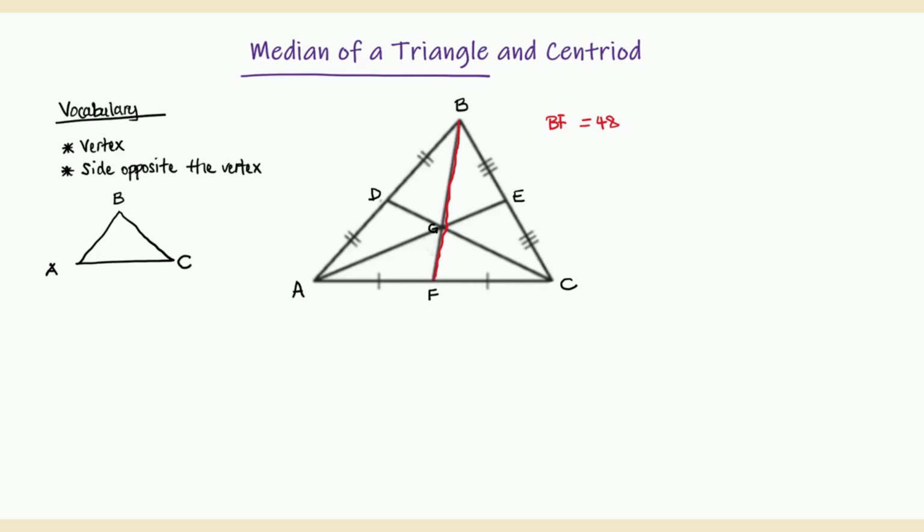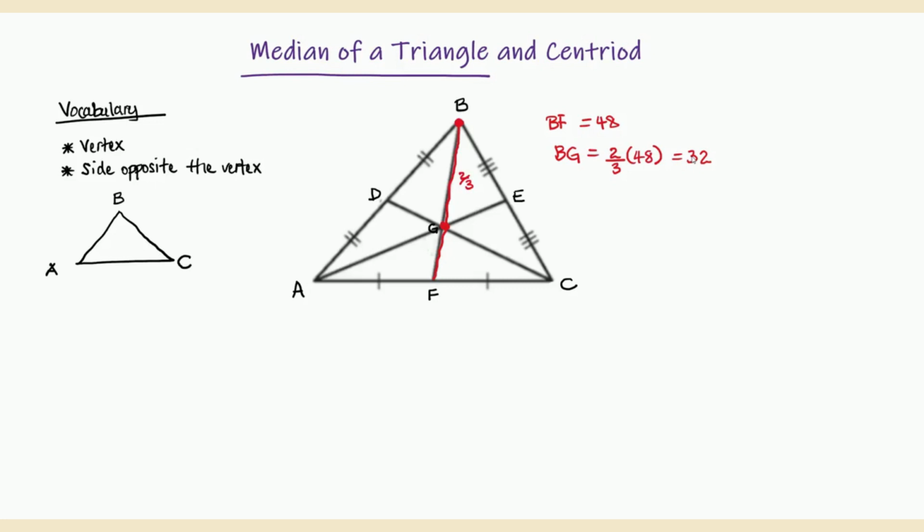If I want to find the measure of BG, that is actually the distance from the vertex to the centroid, which means it's 2/3 of the way. So to find the length, I just need to multiply 48 by 2/3. Which is 32.